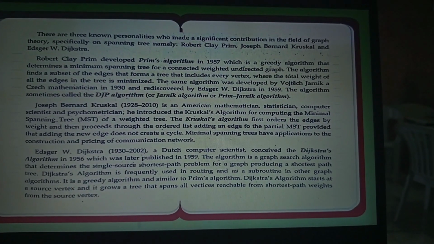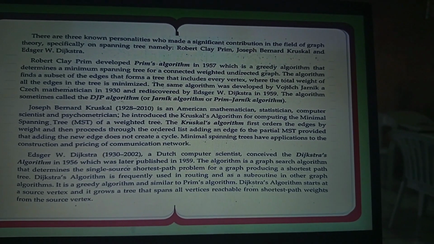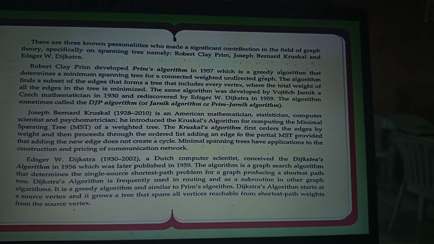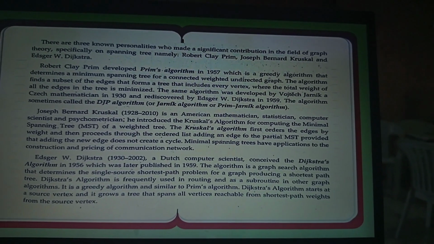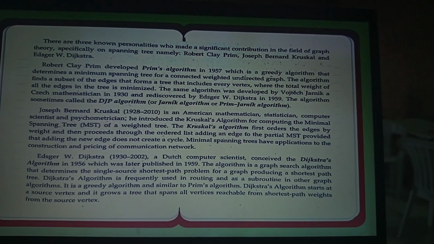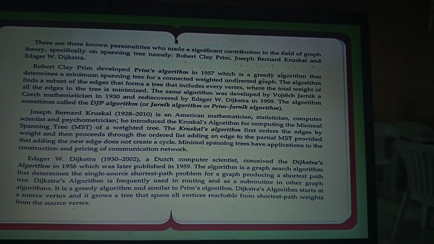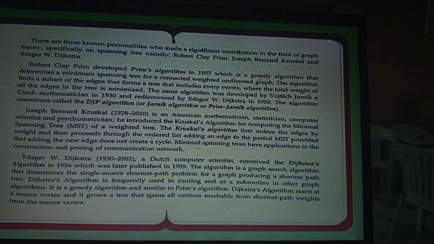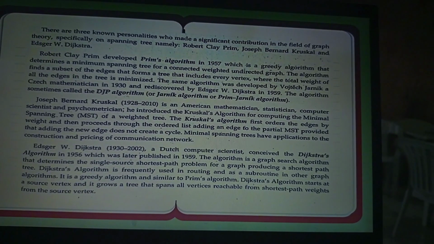Another proponent is Joseph Bernard Kruskal, 1928 to 2010, an American mathematician, statistician, computer scientist, and psychometrician. He introduced Kruskal's algorithm for computing the minimal spanning tree, or MST, of a weighted graph.